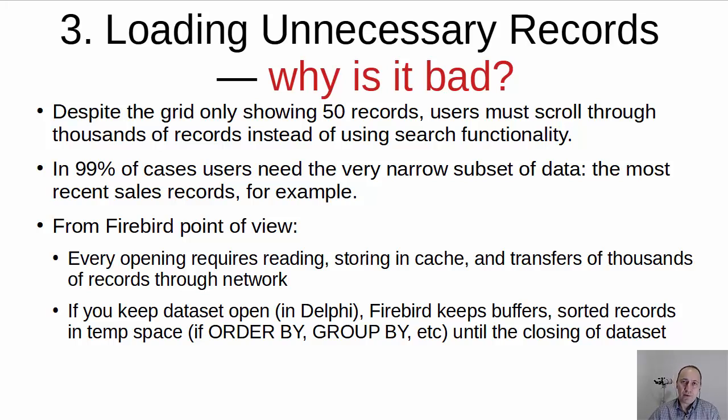So instead of using select all from the table, use some filtering. Because from Firebird's point of view, this situation, when every connection or some form opens a lot of data, looks like a heavy load and waste of resources.